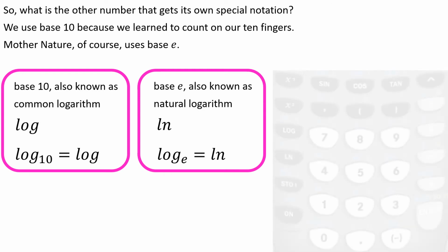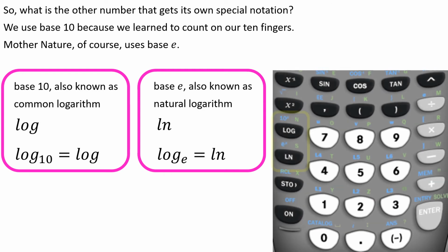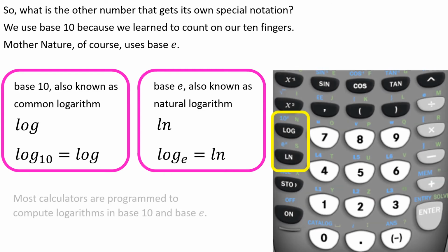How common are these? How frequently are they used? Take a look at your scientific calculator. Now, if you don't have a more modern, recent calculator, you might have to go onto your catalog menu. But if you have a TI-83 or a TI-84, you'll notice that there's a button for log and a button for natural log.